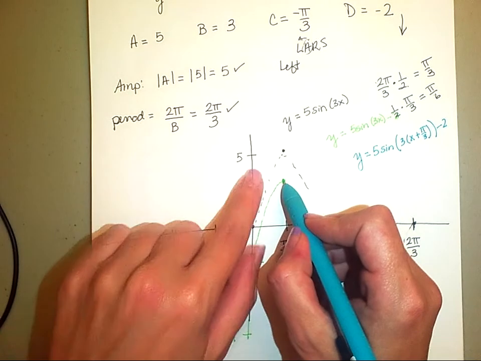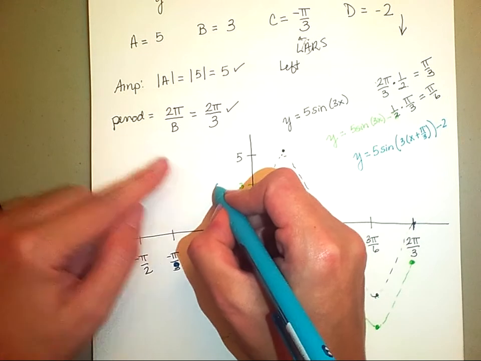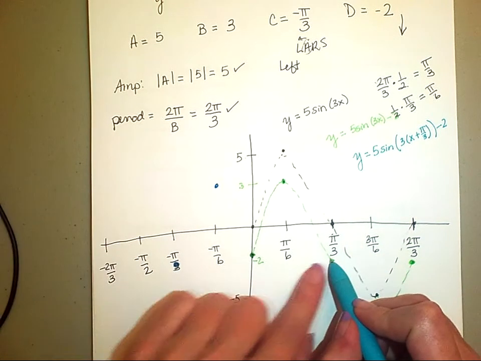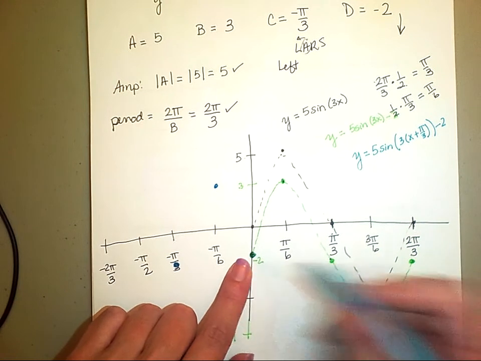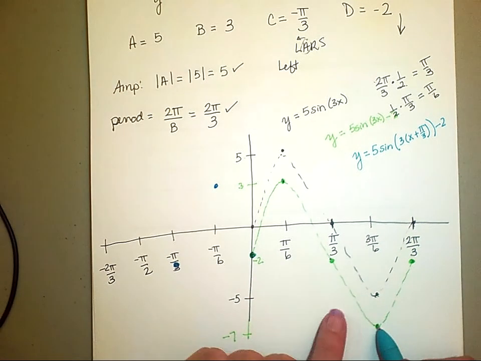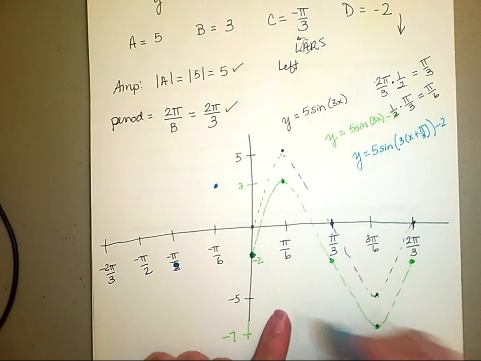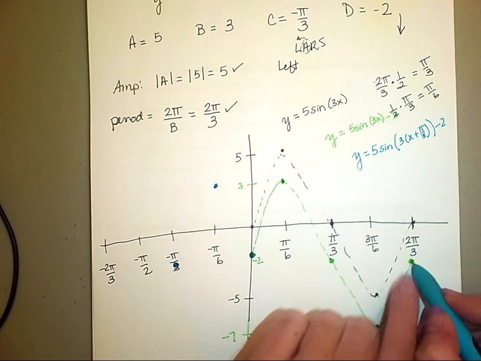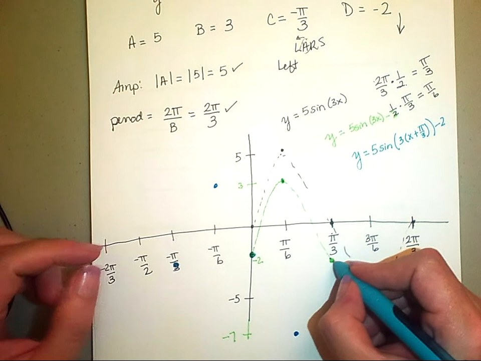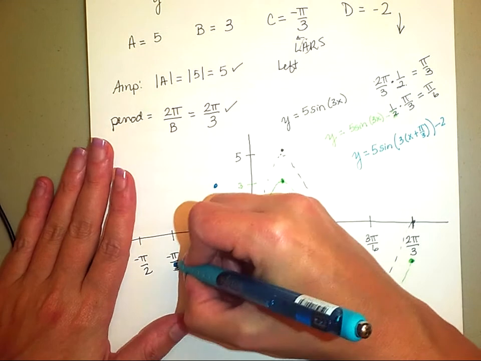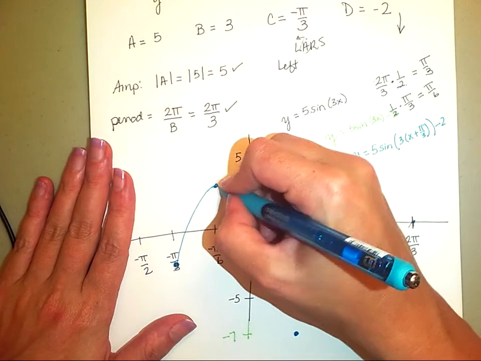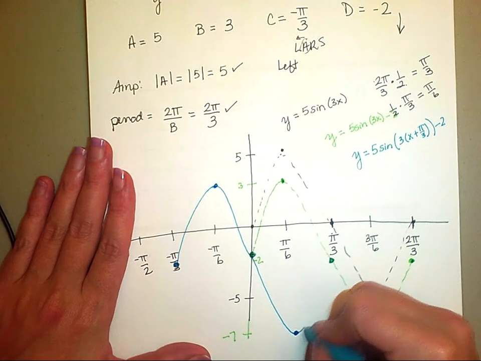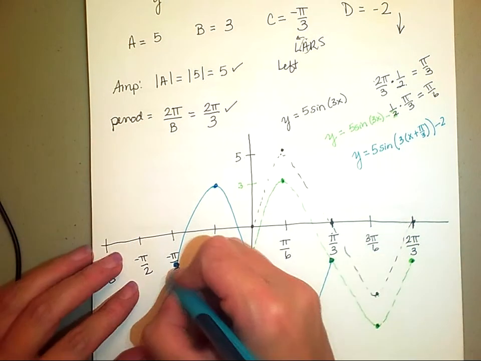Pi over 6 comes over 1, 2, to here. This point comes over to 0, lays on top of that. And this point comes over 1, 2, to here, and so we're staying down here at negative 7. And then this point comes over pi over 3, which gets to here. So in the end, this is the graph of one cycle.